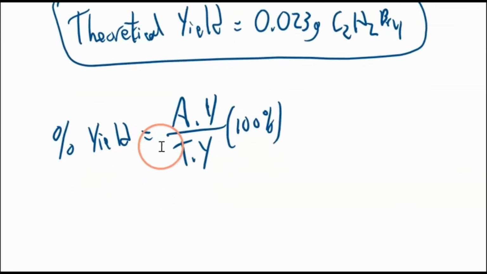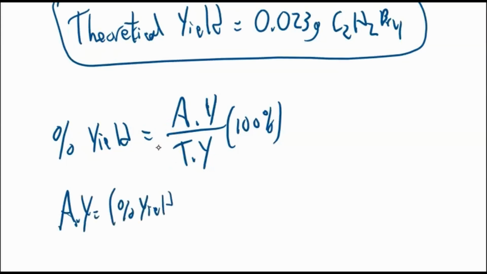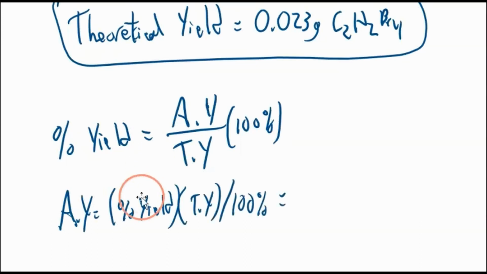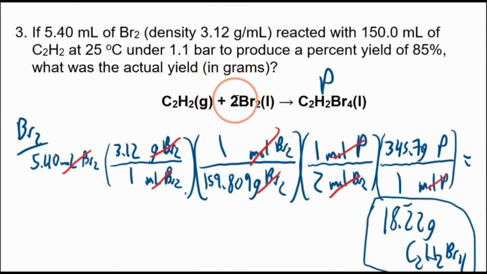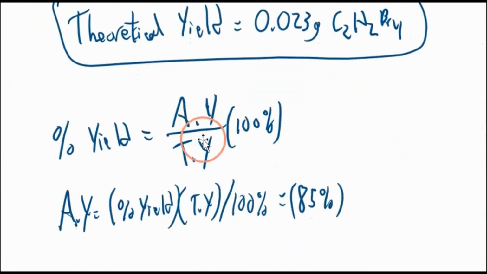Well, we want to know the actual yield, so the actual yield is going to equal the percent yield times the theoretical yield, all divided by 100%. And what's the percent yield? I think it was 85%. Is that right? Let's see here. 85%, that's right.